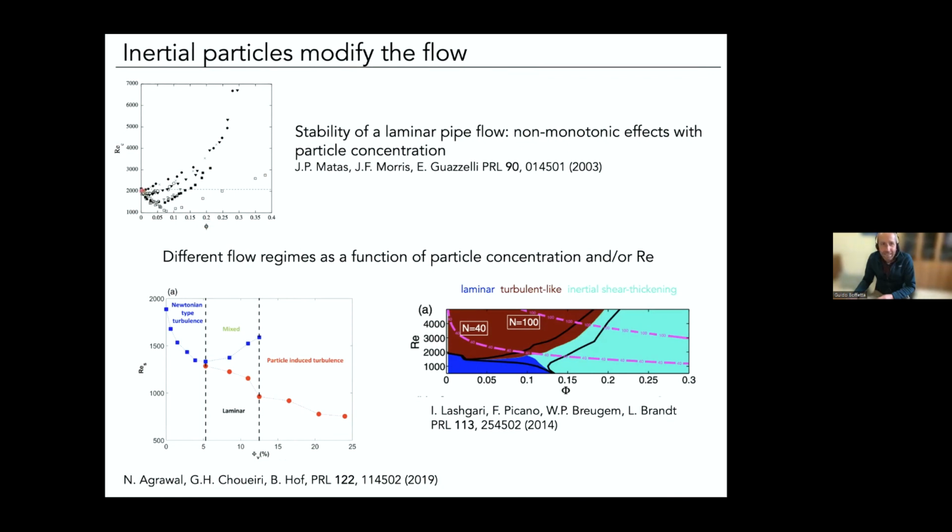But they found that the flow becomes more unstable. The critical Reynolds number decreases at low concentration of particles and then increases again. So this is just an analogy between the two cases, but the two cases are completely different. I agree with you. The nature of the instability is different. Thank you. So thank you very much.